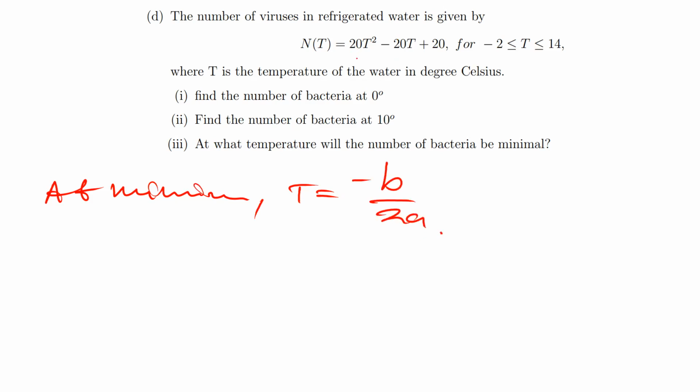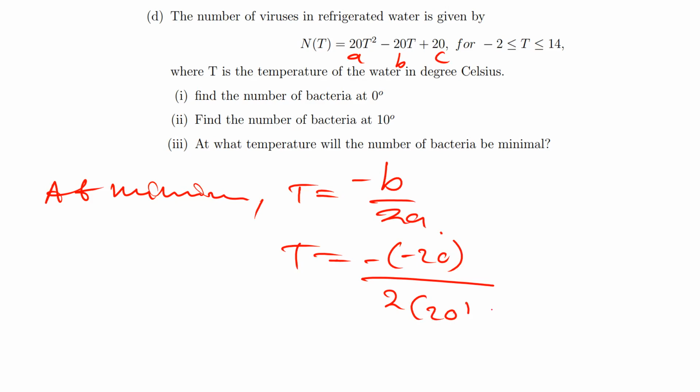From this expression, you can identify your a, b, and c. So the value of t becomes negative b, which is negative negative 20, that is 20, over 2 times a, where a is 20, that is 40.